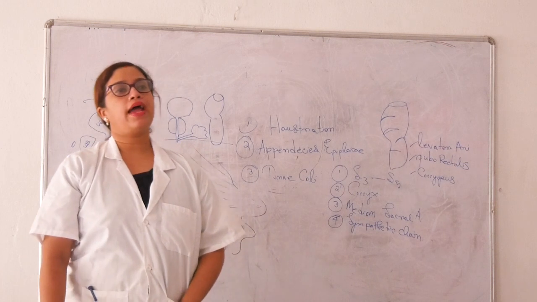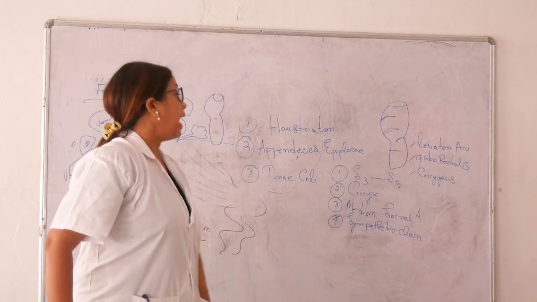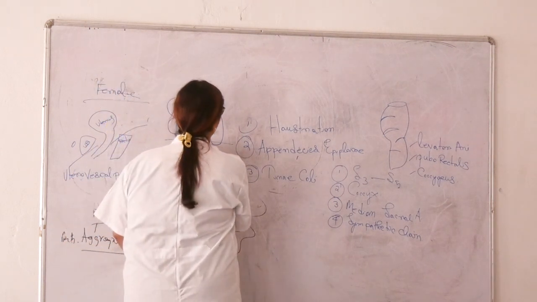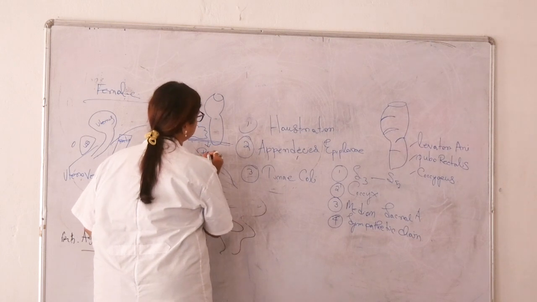Understood? So both are at the same level. And at this level, one very important muscle is present, known as puborectalis.